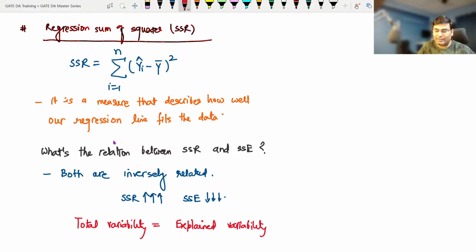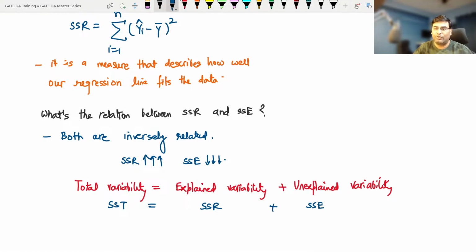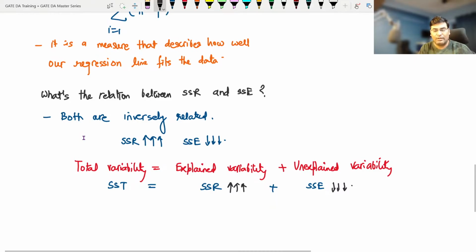Suppose your variability is 100%, you are able to explain 70%, 30% you are not able to explain, total is 100%. So this is your SST, this is your SSR, and this is your SSE, right? If your explained variability increases, focus guys, then eventually SSE will come down. Make sense? I'll take a pause here, guys. That's the relationship.